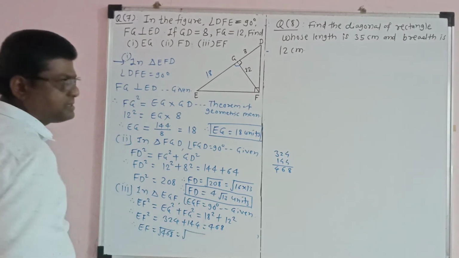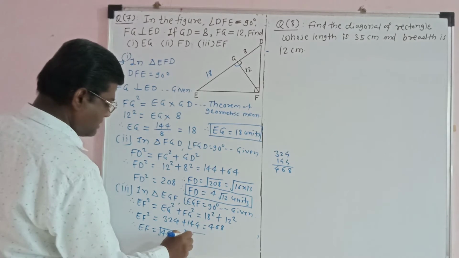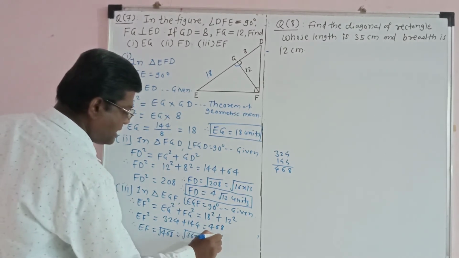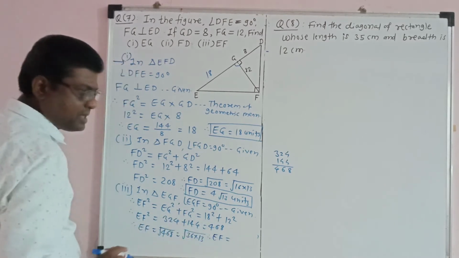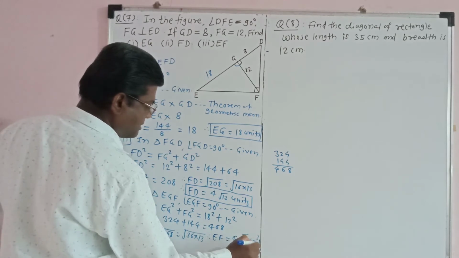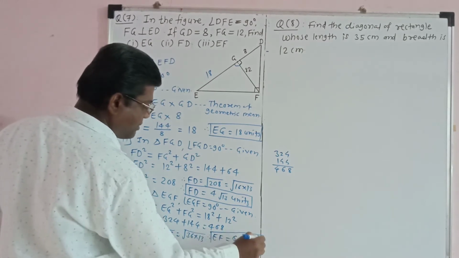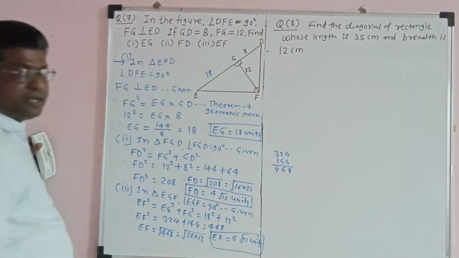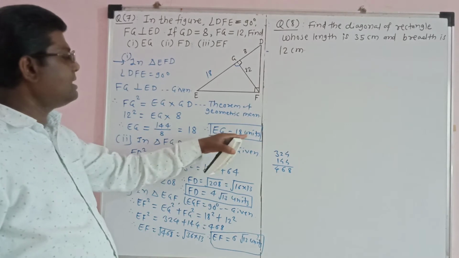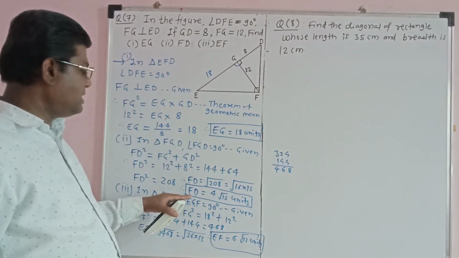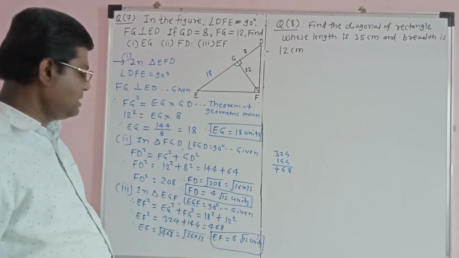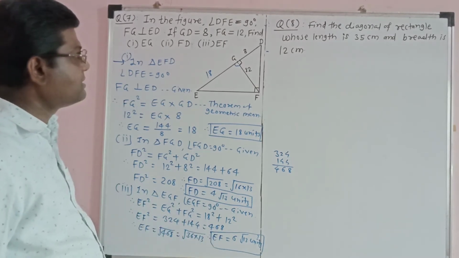This 468 can be written as 36 into 13. Therefore EF is equal to square root of 36 is 6, 6 root 13 units. So value of EF will be 6 root 13 units, and value of EG will be 18 units. Value of FD will be 4 root 13 units, and value of EF will be 6 root 13 units.